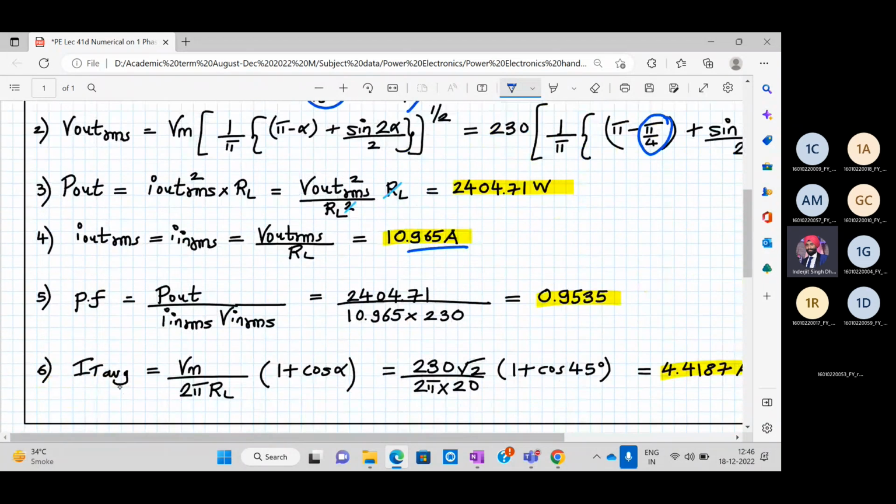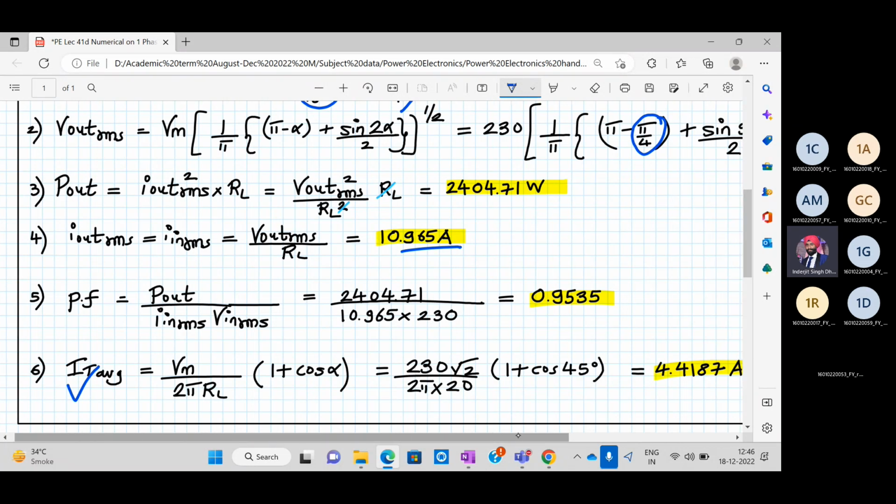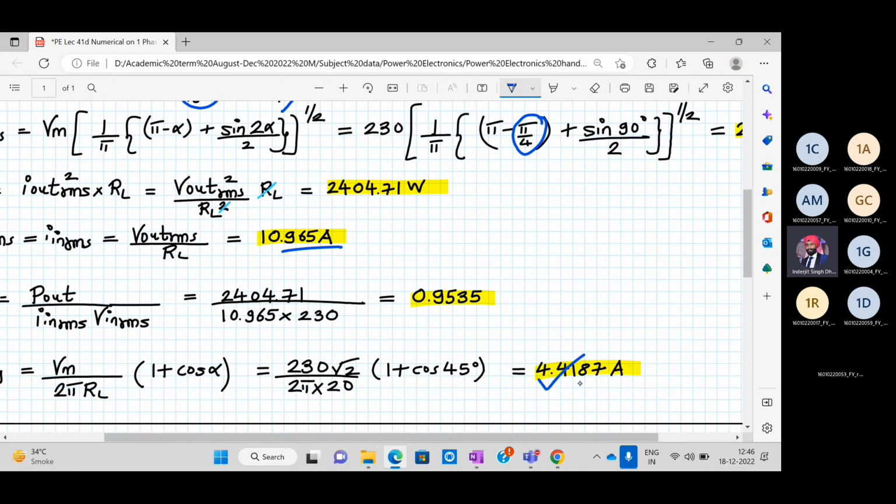And IT average, that is the average value of current flowing through the SCRs. Formula is 1 upon 2 pi into RL into cos into 1 plus cos alpha. So put in the values of VM, it is 230 root 2, RL is 20, alpha is 45. So you'll get the current flowing through the SCR as 4.4187 amperes.